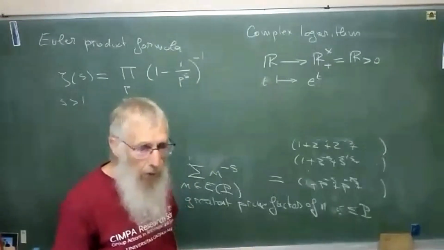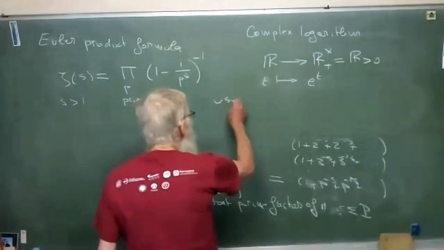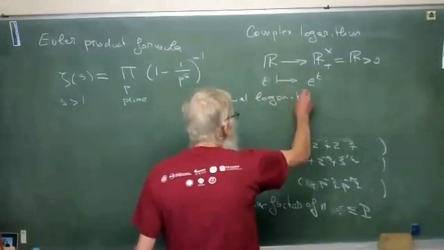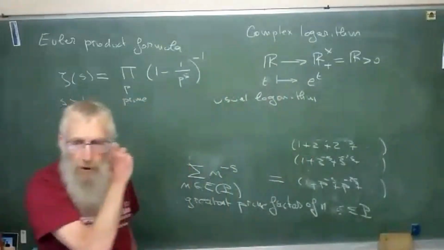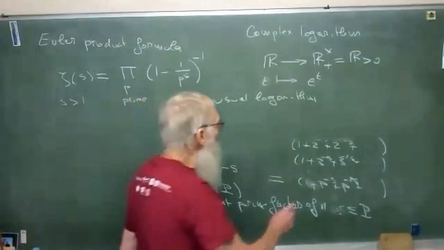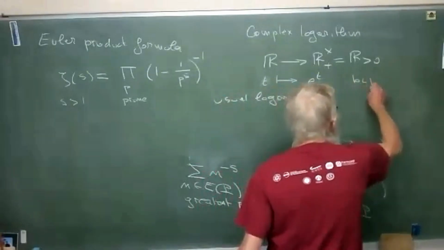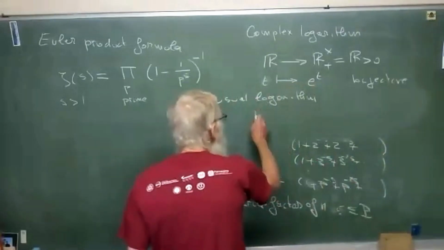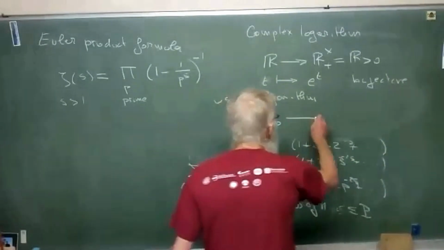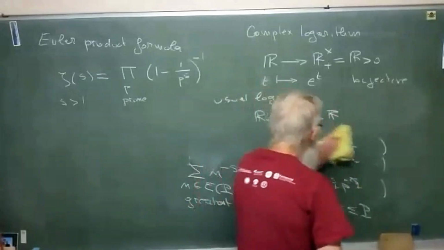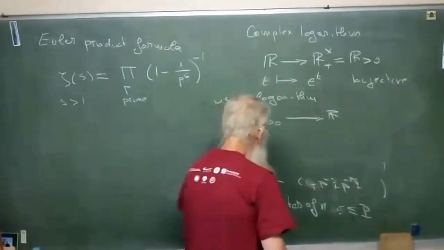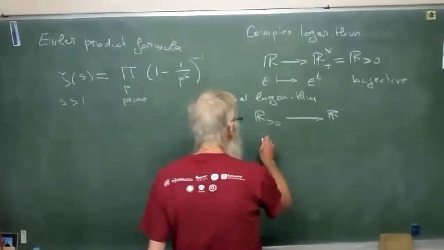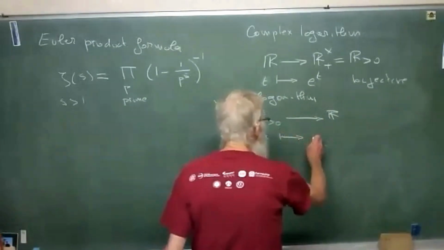The logarithm, the usual logarithm, is a bijective map which goes in the other direction. So the usual logarithm goes from R positive to R, and it maps u to logarithm of u.